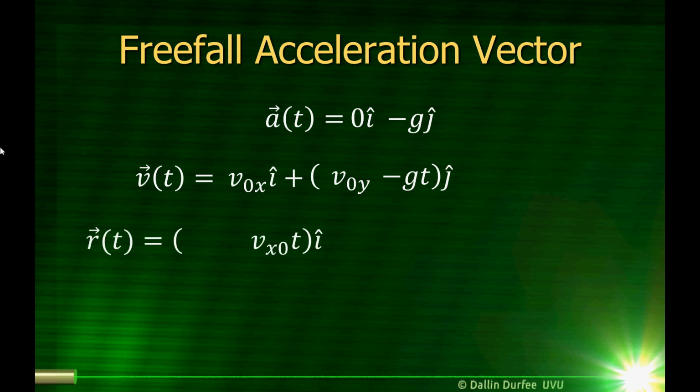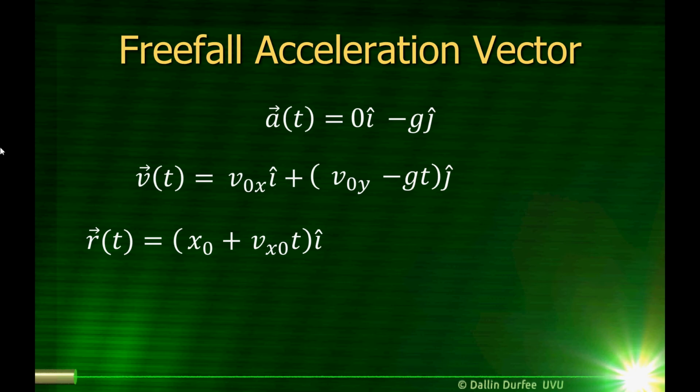Now, to find the position, I just integrate, right? I integrate v naught x times i hat, and that gives me v naught x times time times i hat, but I also get an integration constant, which is the initial position, or the x component of the initial position.